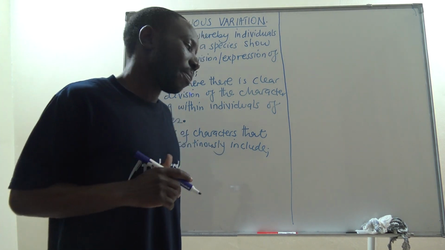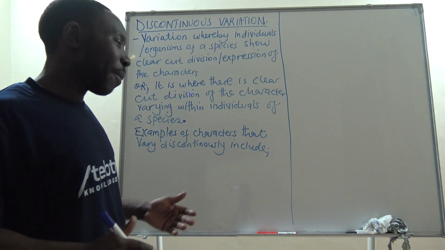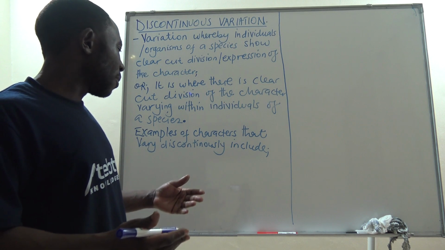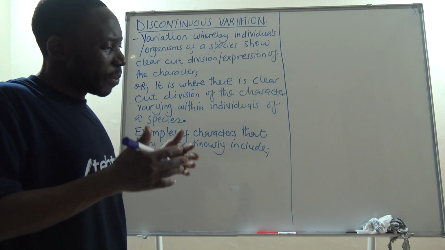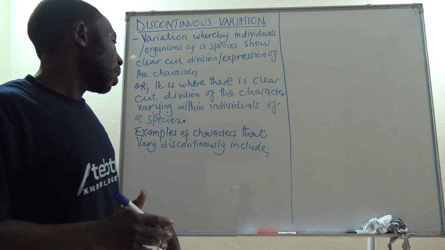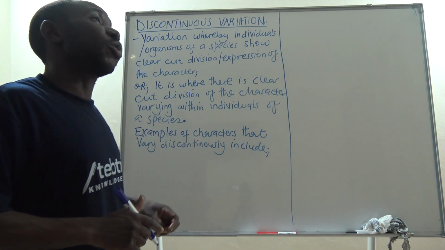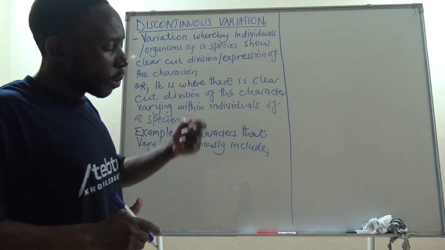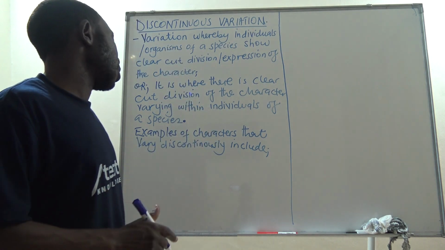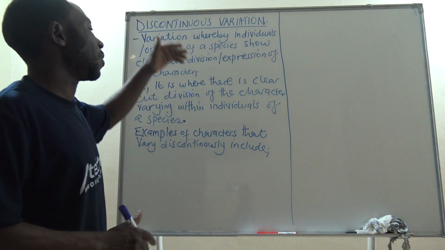Then two, we have blood groups, whereby we have four: blood group A, blood group B, blood group AB, and then blood group O. There is no other blood group other than those four, and so an individual will possess any of those four blood groups, and so we say it is a character which varies discontinuously.